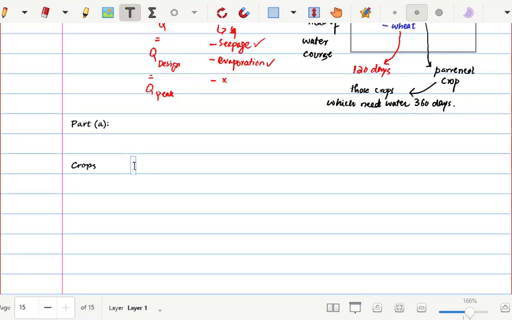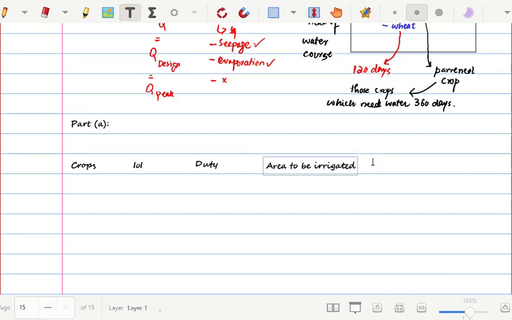For each crop we are given IOI, intensity of irrigation, and duty is given to us. Area to be irrigated, we need to find it out.